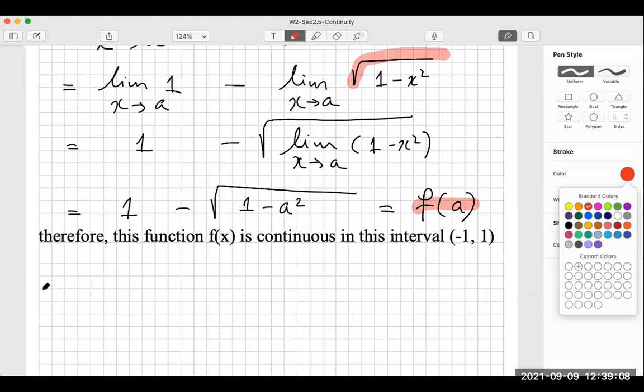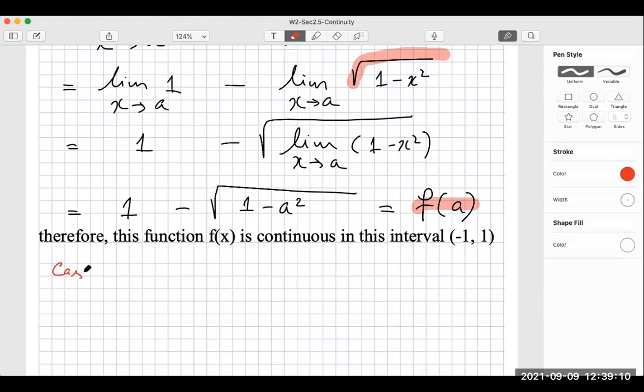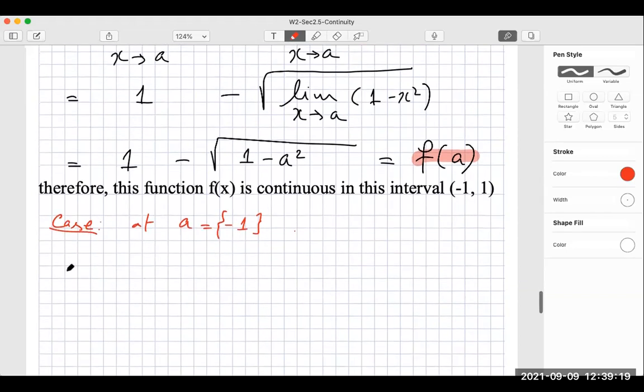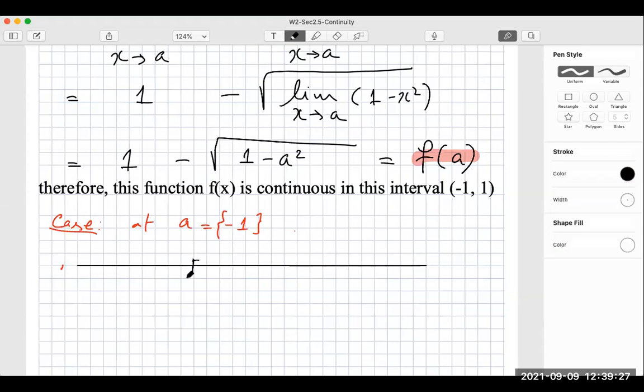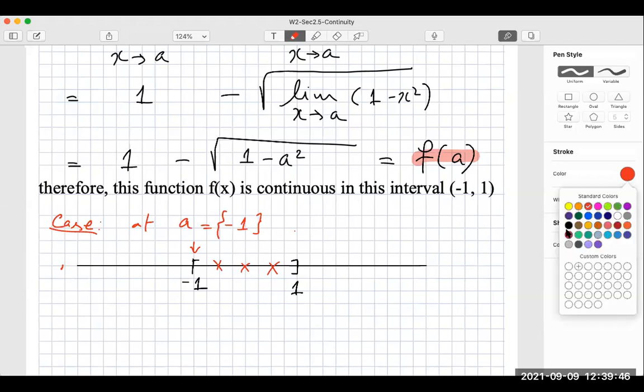We need to consider the point -1, right? So far we proved that for any point between this interval, it is continuous. Now we need to consider this specific point, so whether it is continuous or not.